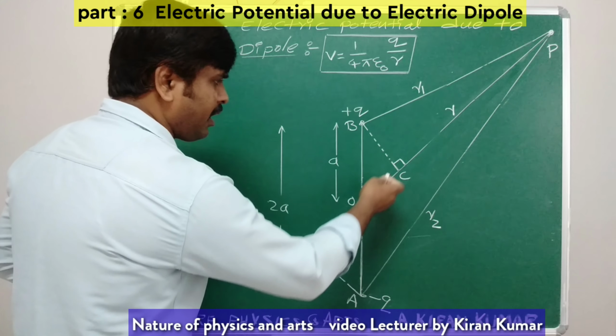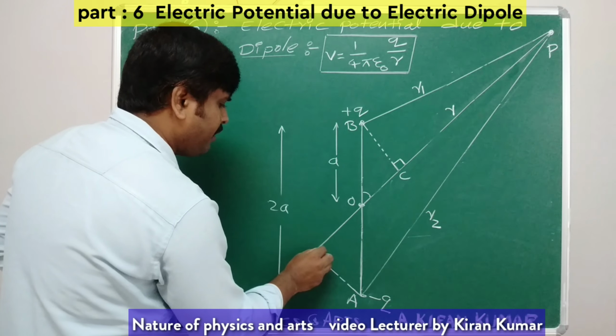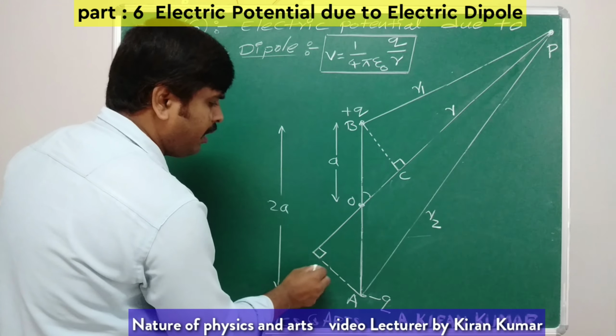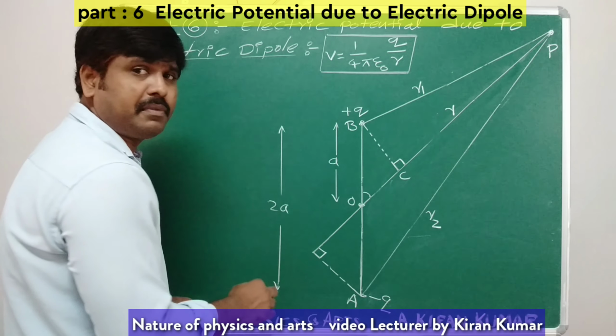Here, extending the line from the center to the point P, we can also draw another normal from the A position, that is the negative charge of the electric dipole.